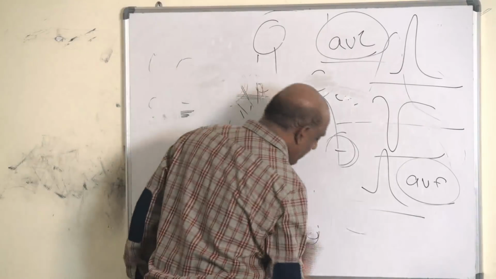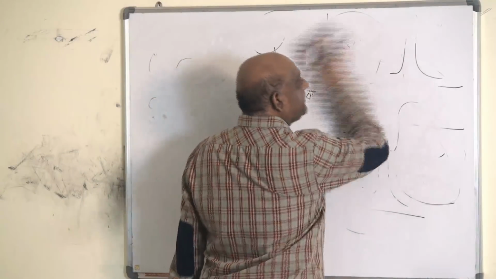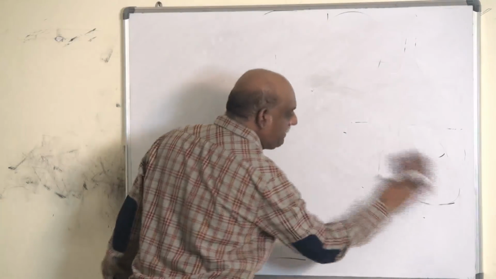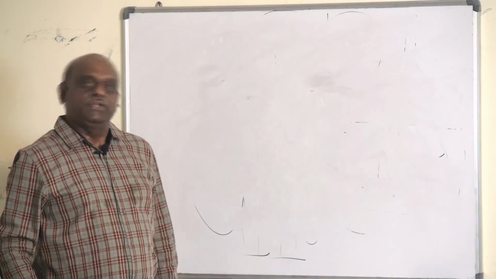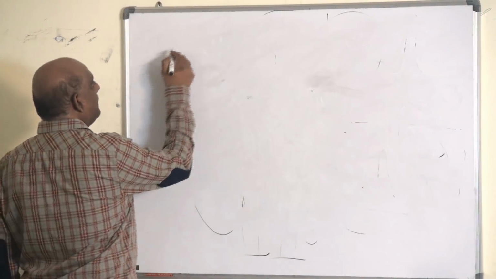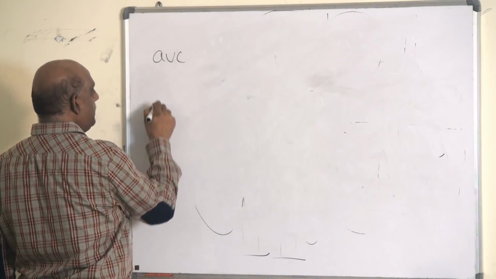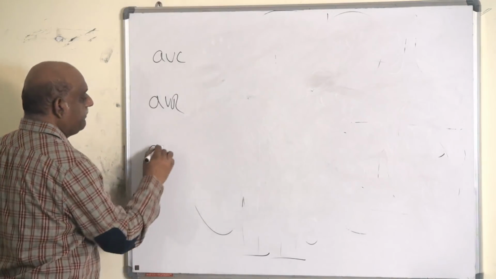So summarize, doctor. Now you are becoming experts in ECG. You know what is AVL, what is AVR, what is AVF, and what to expect the QRS to be in each of them. Shall we summarize? Definitely. So you have AVL, AVR, AVF.